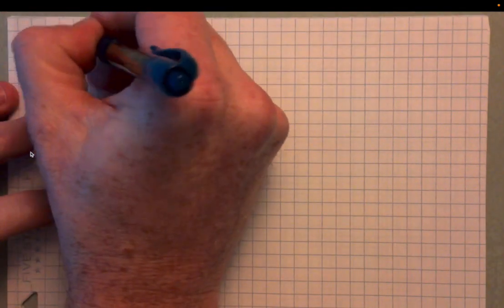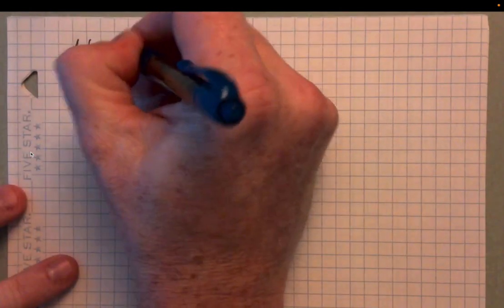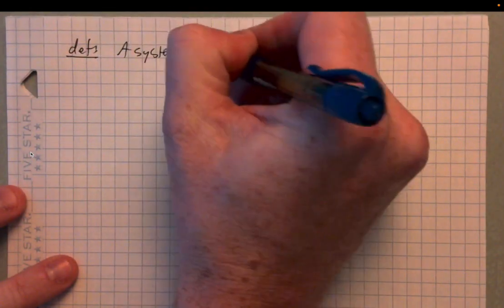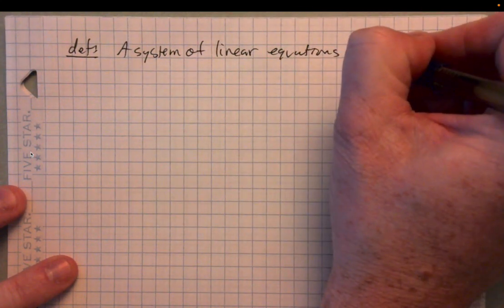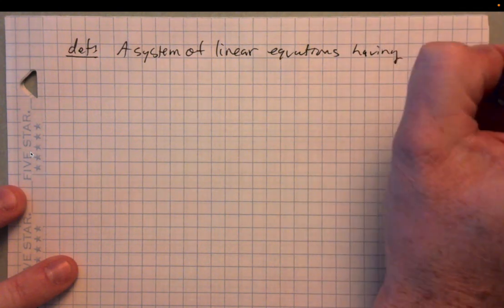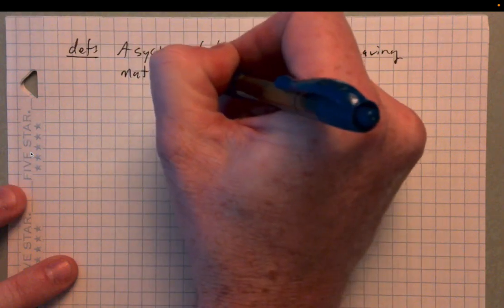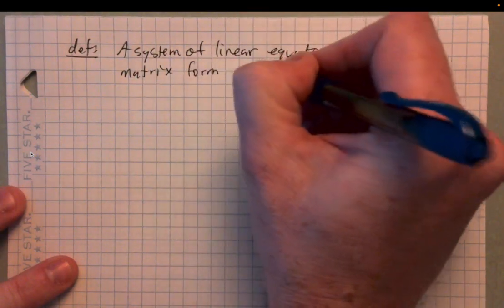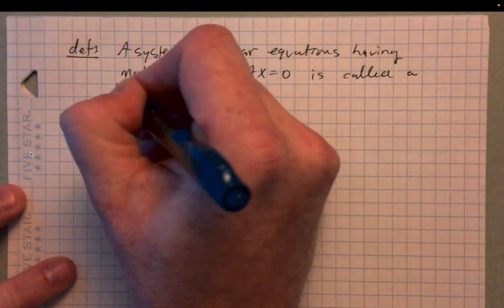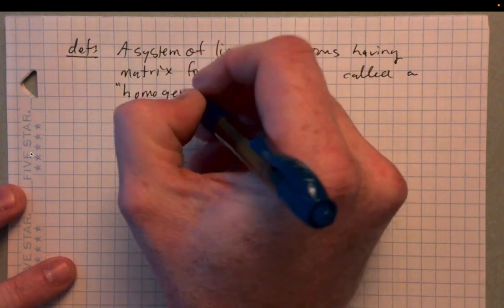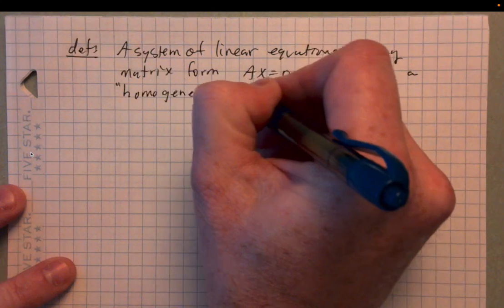Let's move on. We're going to introduce a special kind of linear system called a homogeneous system.